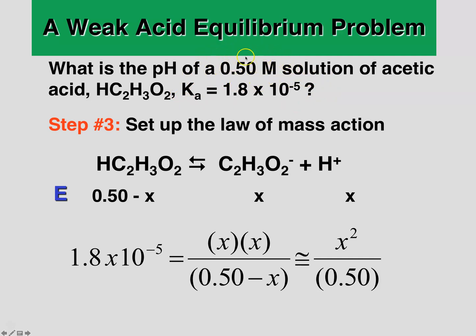If the initial concentration is 1,000 times larger than the equilibrium constant, then I can assume the 5% rule, meaning that the x value in 0.5 minus x is less than 5%. It's very, very small, so the initial concentration is not really changing at all. Any questions on the 5% rule?